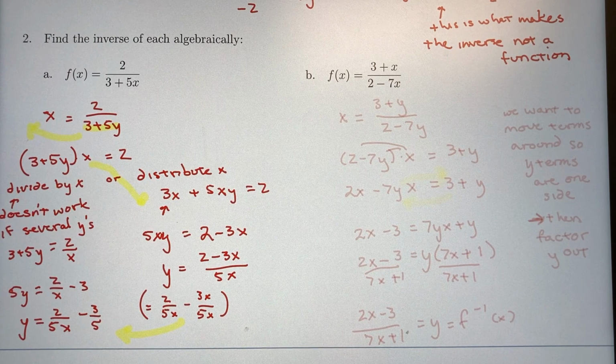All right, let's see what happens when you have 2 y's. Where am I getting 2 y's from? As soon as I switch into the inverse function, I have y on the top and I have y on the bottom. Cross multiply. Distribute, because I'm solving for y and I got y's on both sides of the equal sign.